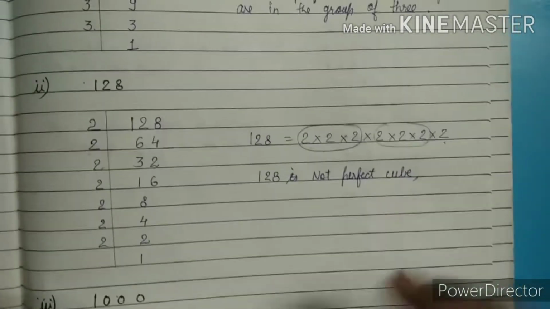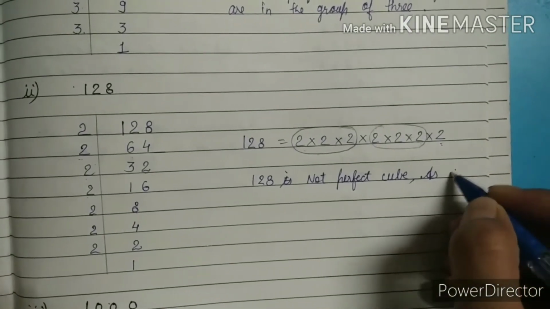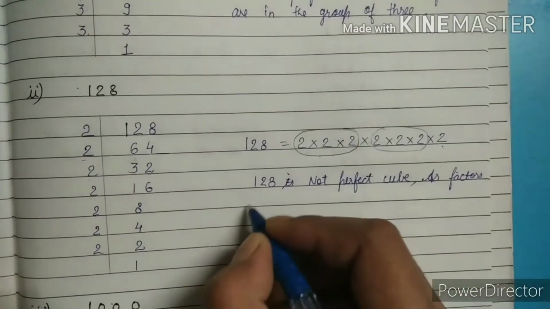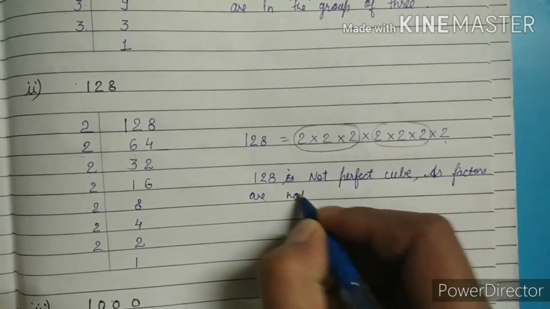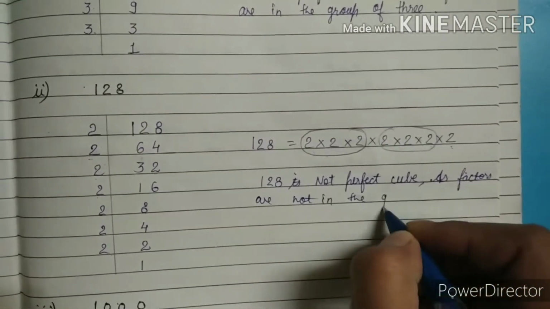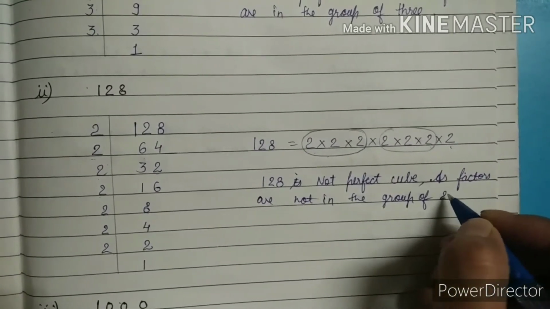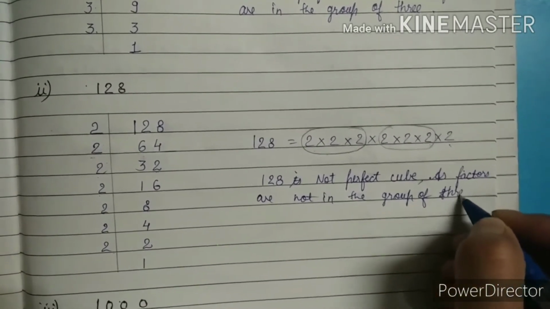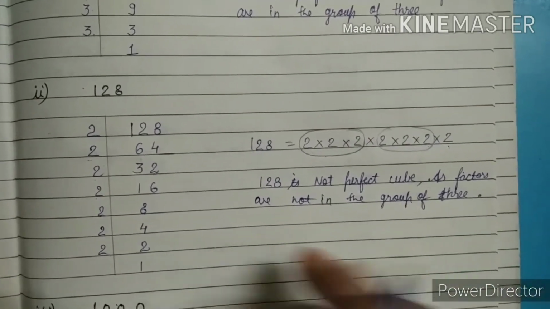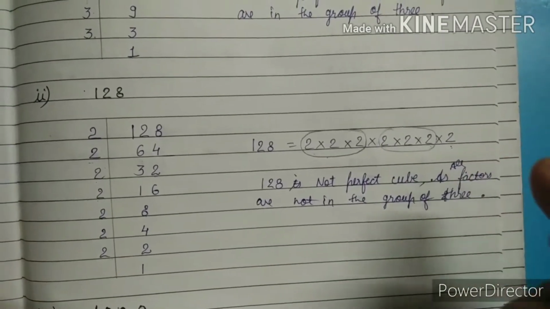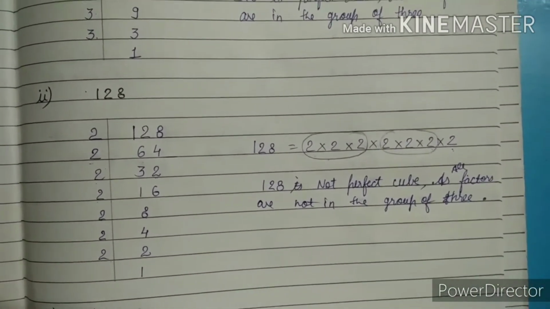The reason is that the factors are not all in groups of 3.